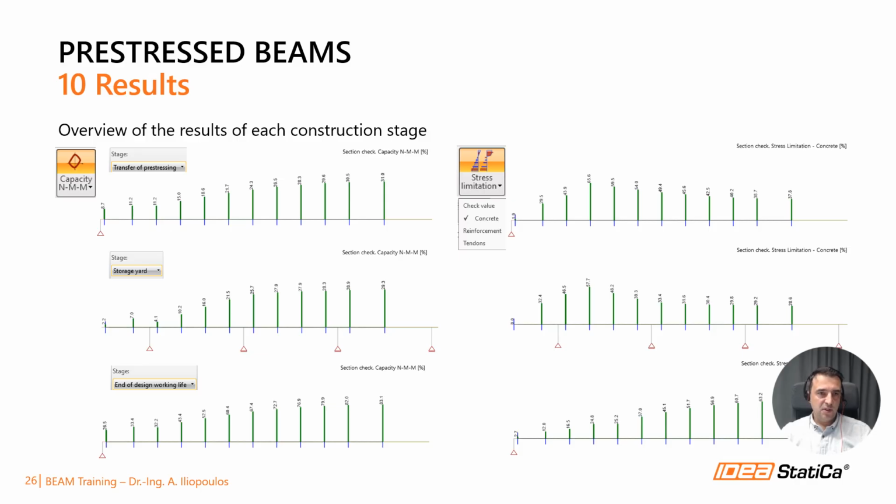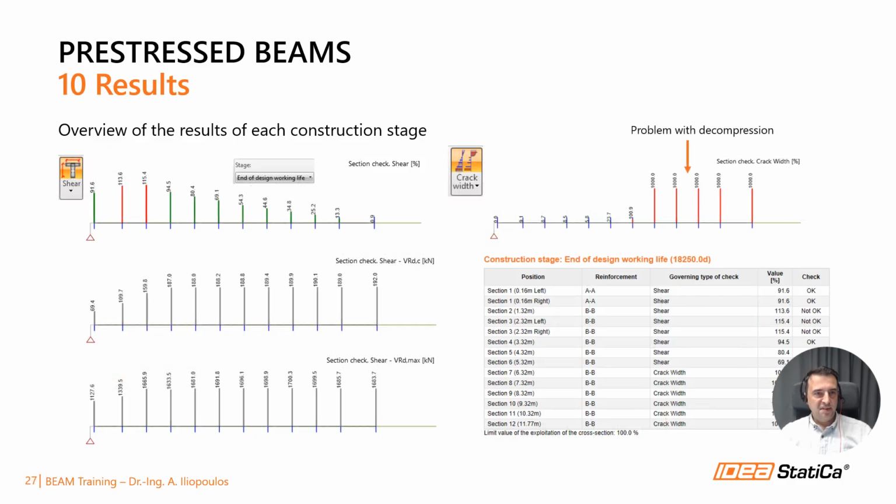The utilization factors for the design with bending moment and longitudinal force are shown here. This includes, for example, the stages of prestressing, intermediate storage, and final state. The utilization factors for the check of stress limitation are also presented here. This slide shows us the utilization factors for the shear capacity and the decompression.